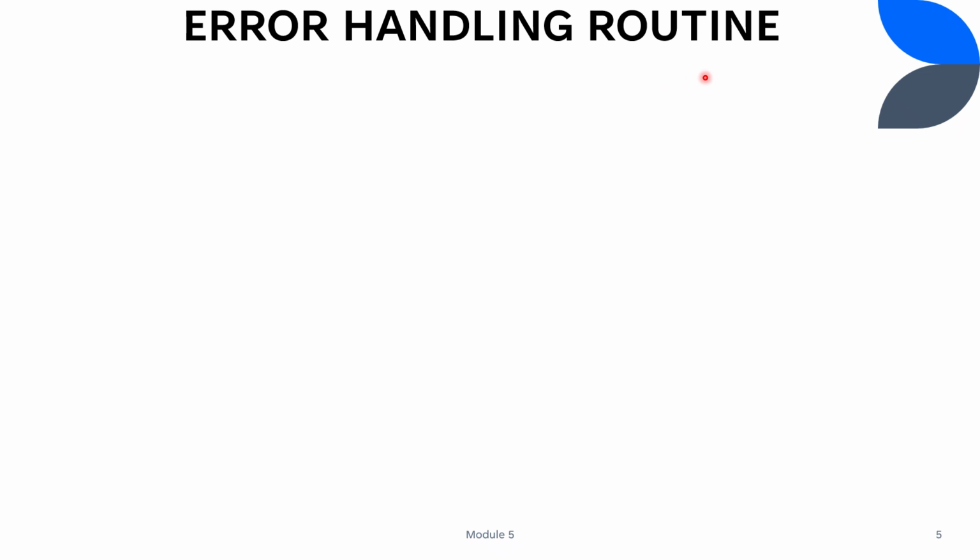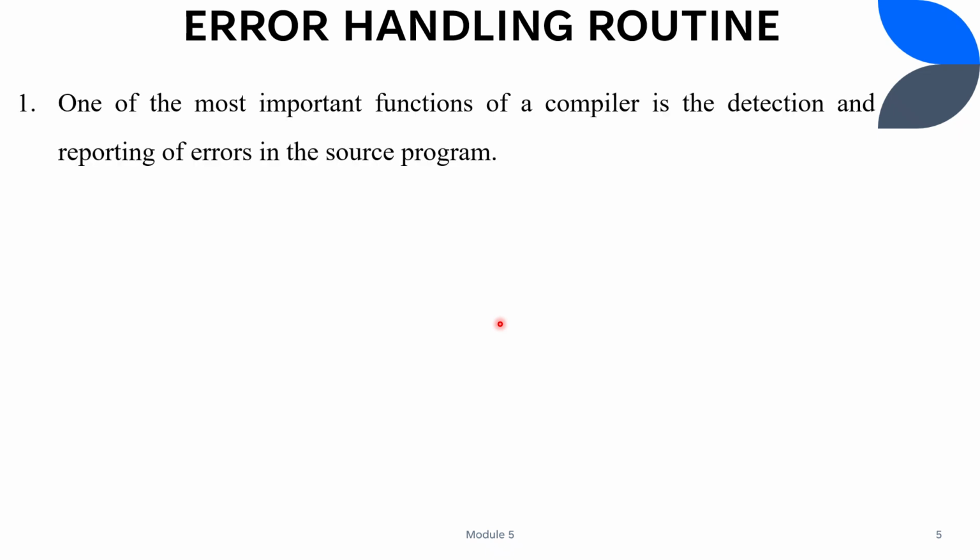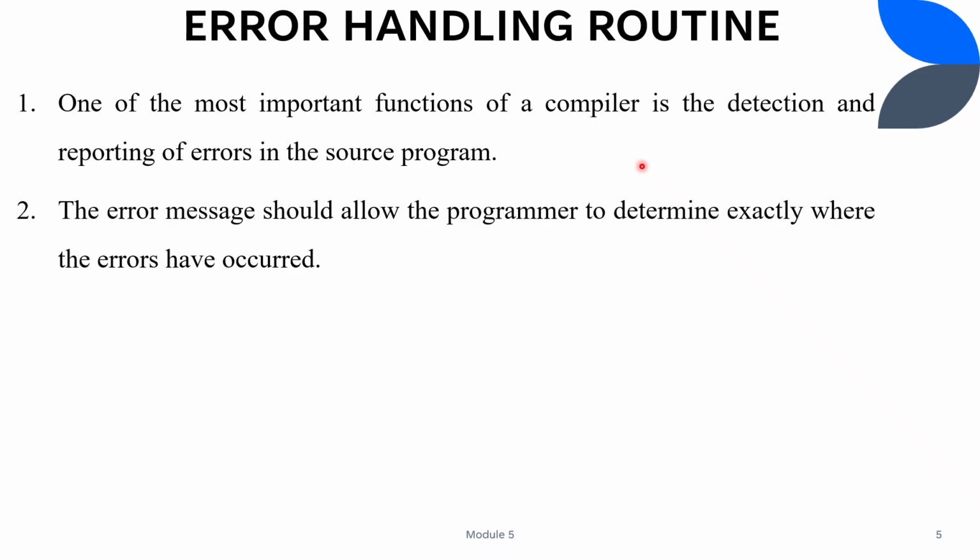Error handling routine. We all know that during the compilation process, if any phase encounters an error, then the compilation process will be halted and the user is notified of the errors that were encountered. Thus, identifying errors and reporting those errors to the programmer is one of the important functions of the compiler.